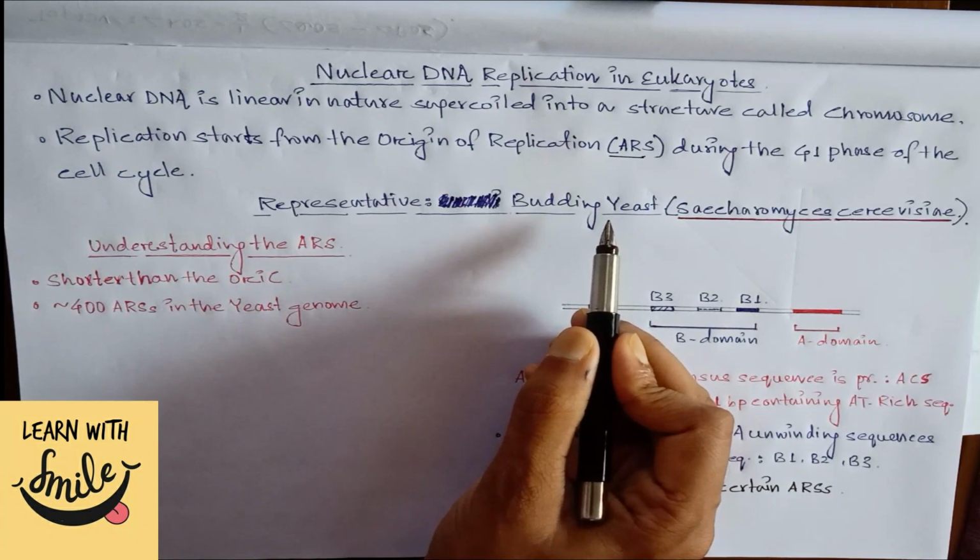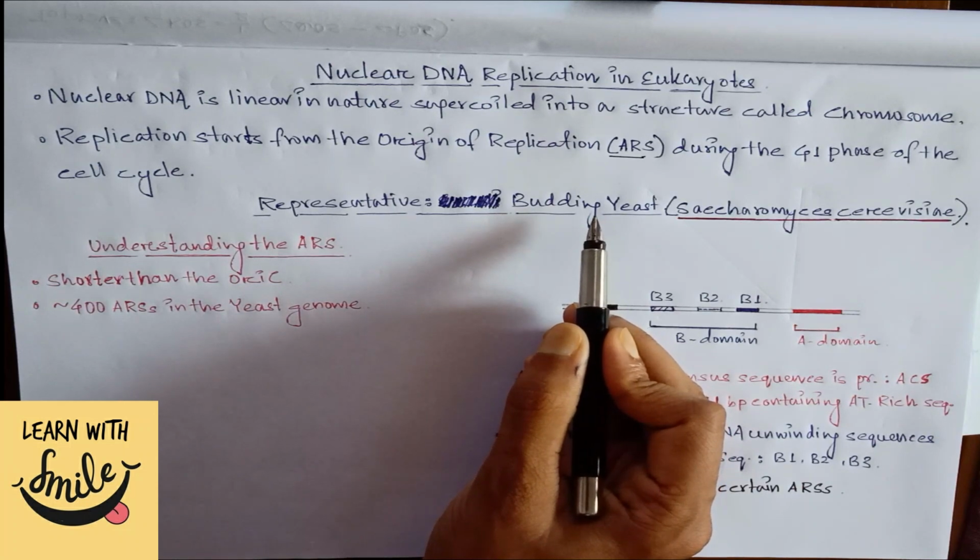Now, while understanding the ARS, which is the origin of replication for the eukaryotes, certain points need to be very well cleared.